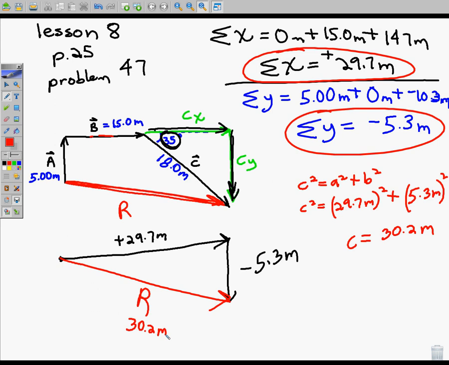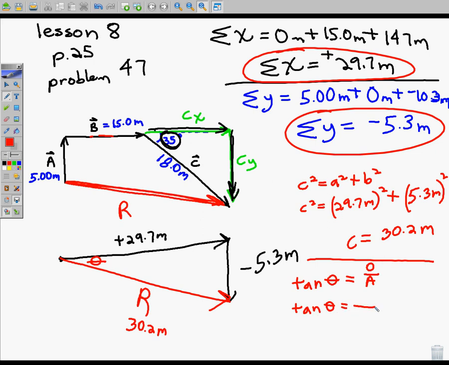And then, last but not least, we have to find this angle over here, theta. And how do we find that angle? Tangent of theta. What's the general rule for tangent? Tangent equals opposite over adjacent. So in this case, tangent of theta, our unknown, is going to equal, what is opposite? Negative 5.3.